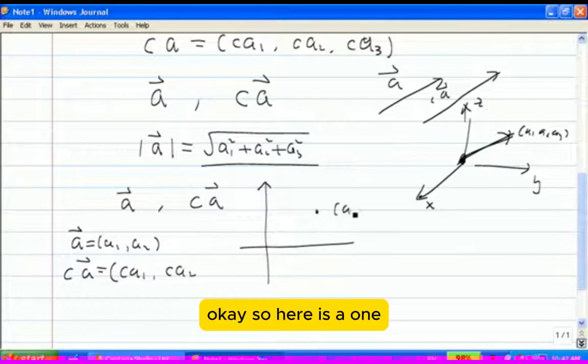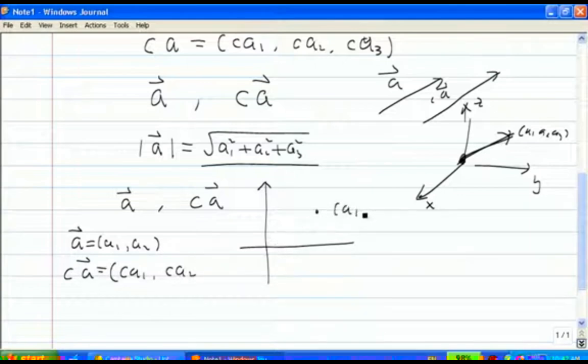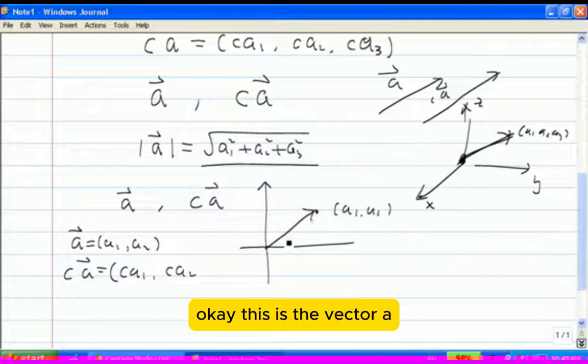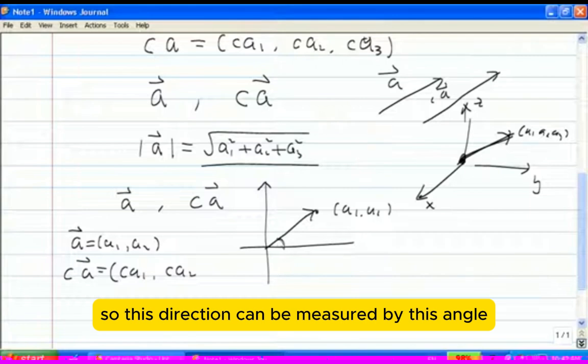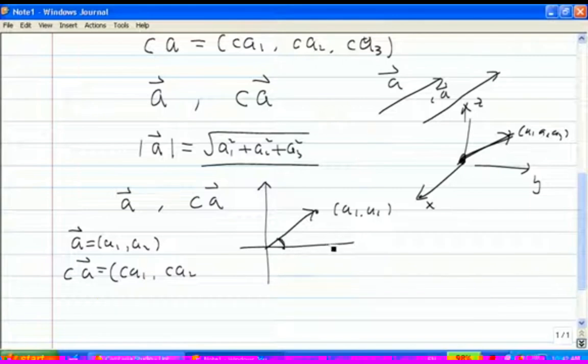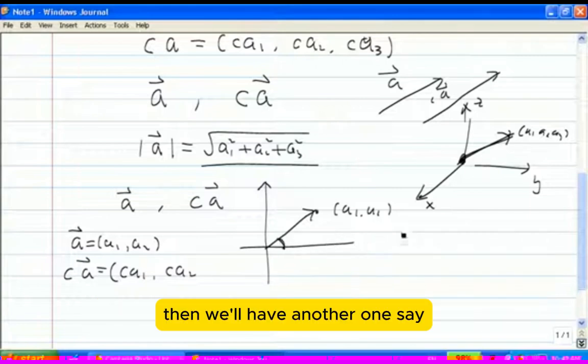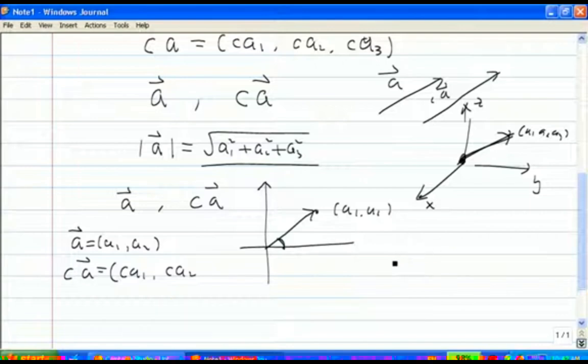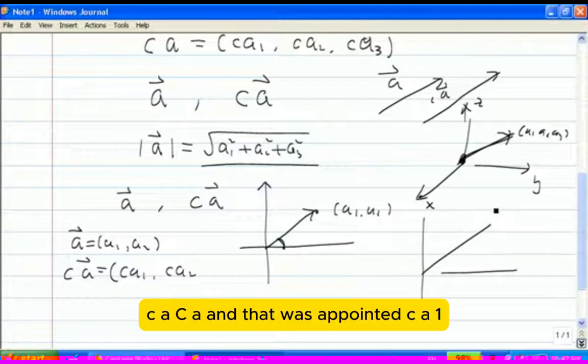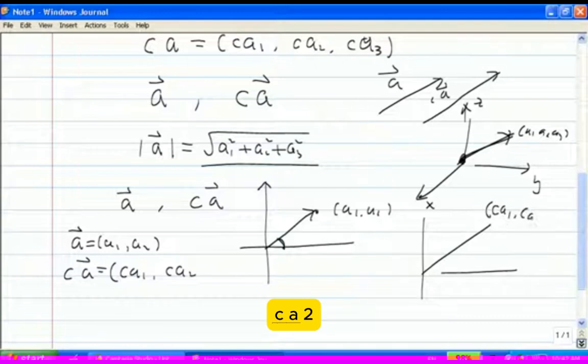Say here is A1, A2. This is the vector A. This direction can be measured by this angle. Then we have another one, CA, which ends up at the point CA1, CA2.